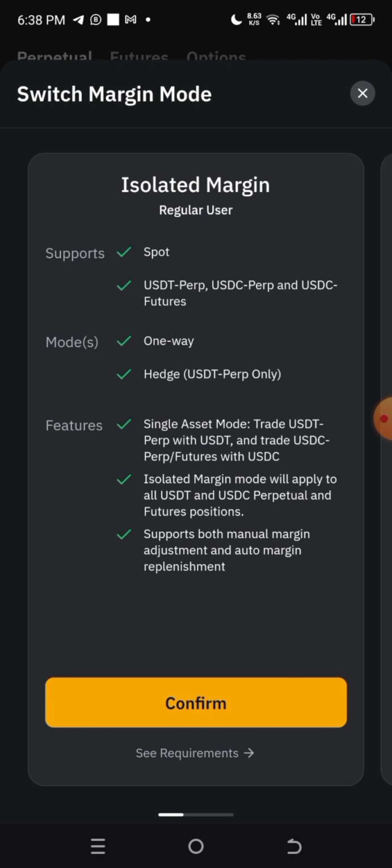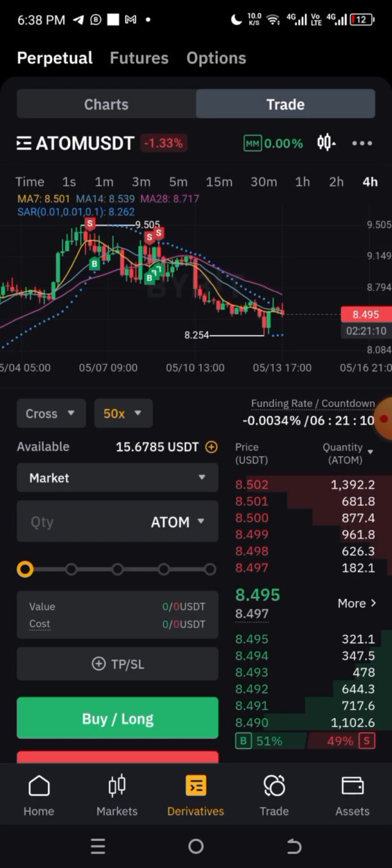Your $20 is going to serve as your own margin. It will be isolated from your balance, meaning every trade is standing on its own. $20 for the Bitcoin trade is standing on its own, and $20 for the Ethereum buy trade is standing on its own. That's basically what that is.